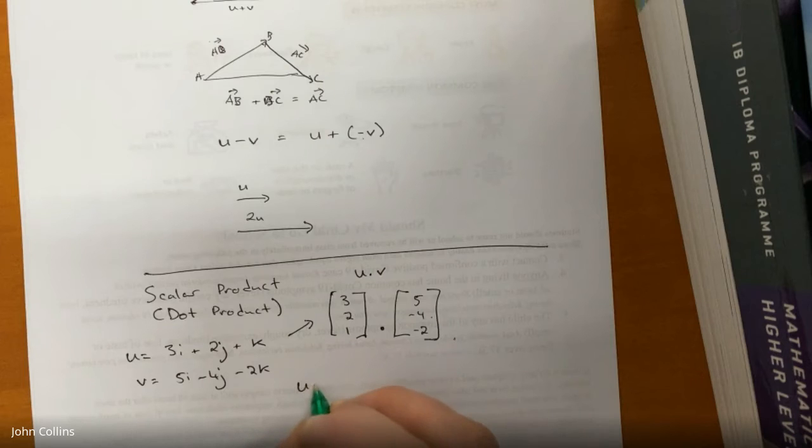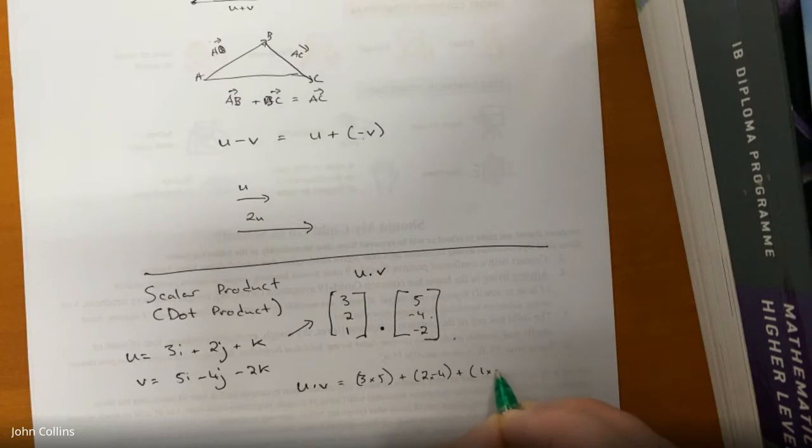So U dot V is 3 times 5, plus 2 times minus 4, plus 1 times minus 2. That's 15 minus 8 minus 2, and that gives us an answer of 5.